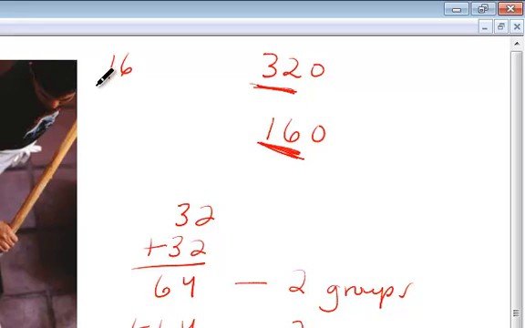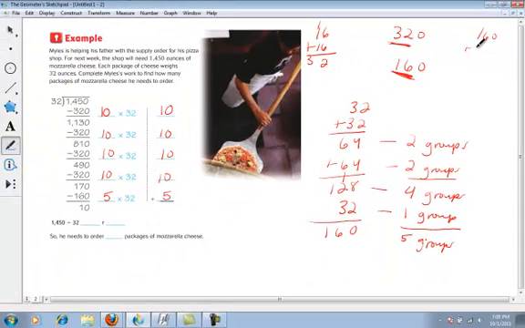If I add 16 and 16, I get 32. So if I add 160 and 160, I'm going to get 320. Since 320 is 10 groups, 160 has to be half of that, so it's going to be 5 groups. So that's another way to look at it.